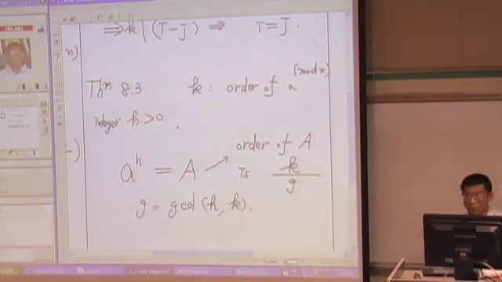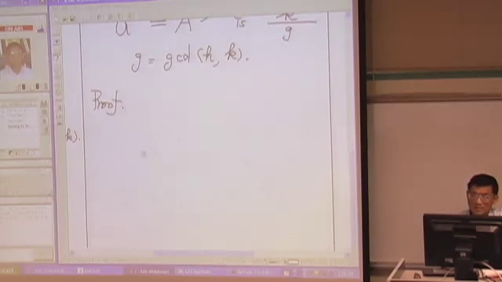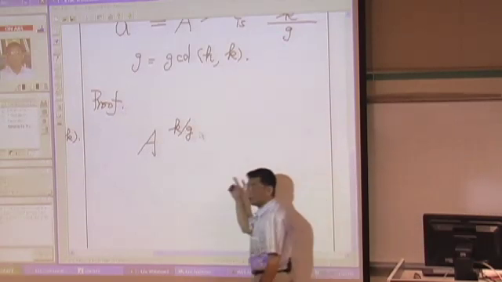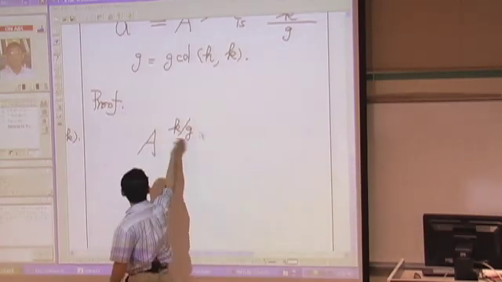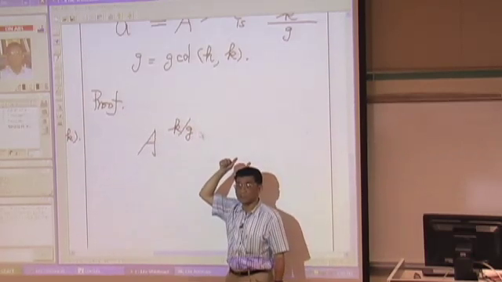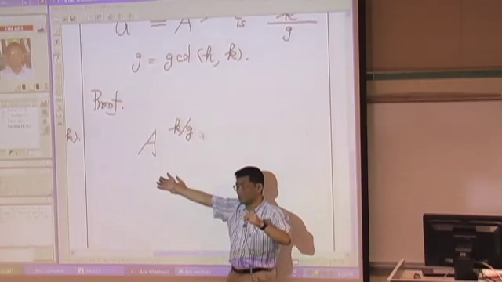So, proof that the order is K over G. A to the power of K over G will be done, right? If it's the order, this should be equal to what? If this is the order, then this power should be equal to 1 by definition. If you multiply capital A order times, it should be equal to 1.